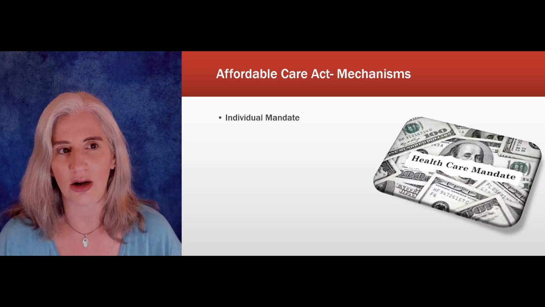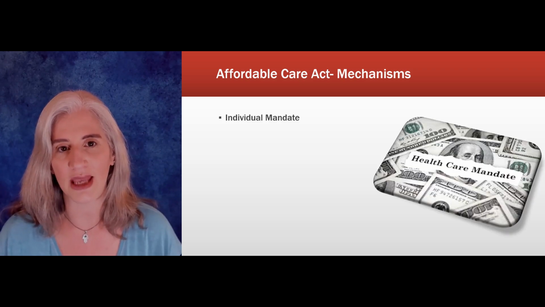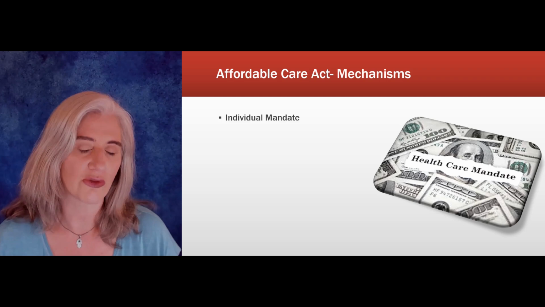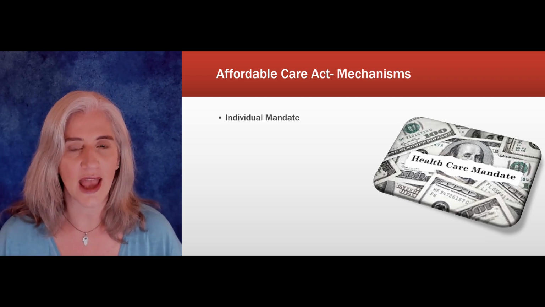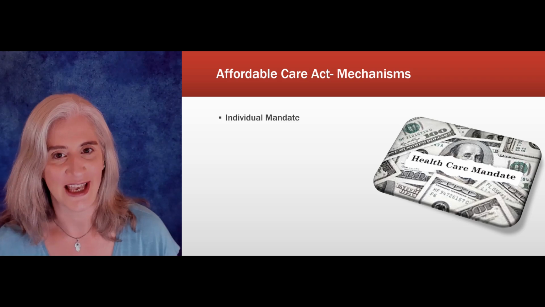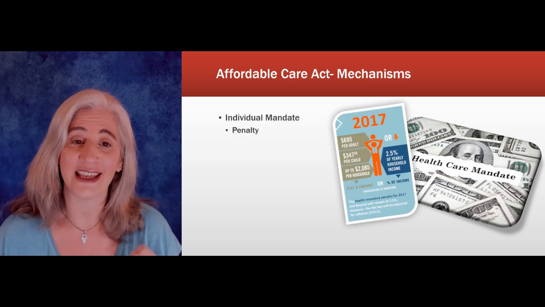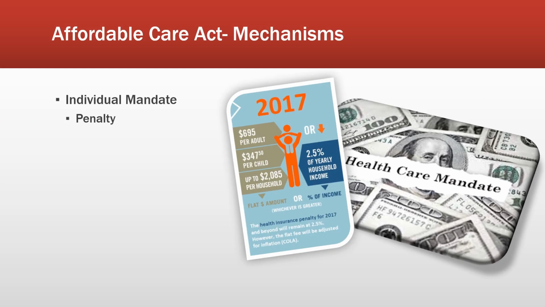Another mechanism here was the individual mandate. And this was one of the most controversial parts of the Affordable Care Act. It said everyone has to have health insurance, and that if you don't have it, then there's a penalty. And the idea was to coerce people, especially younger and healthier people, into the insurance market.